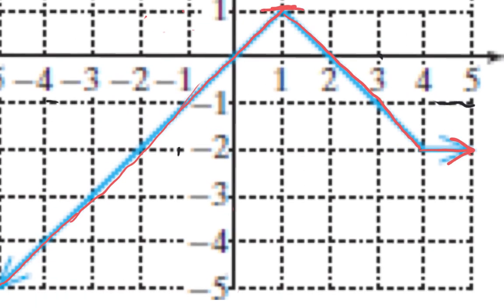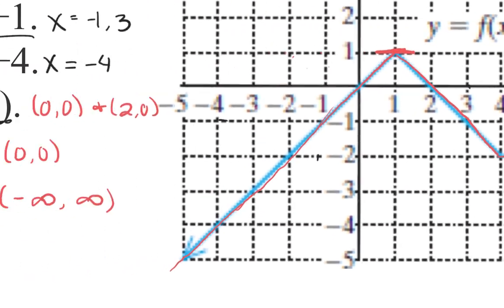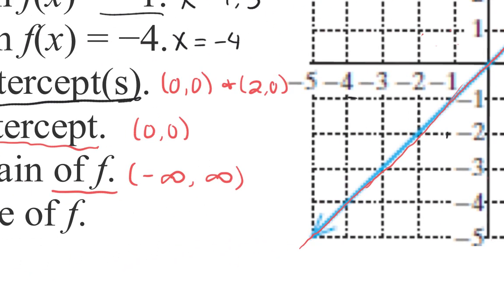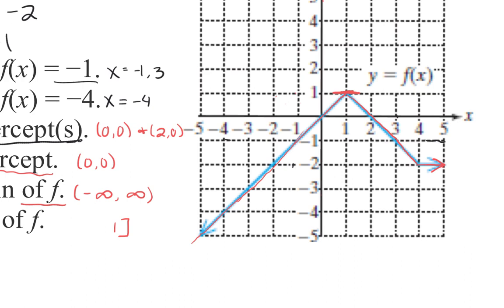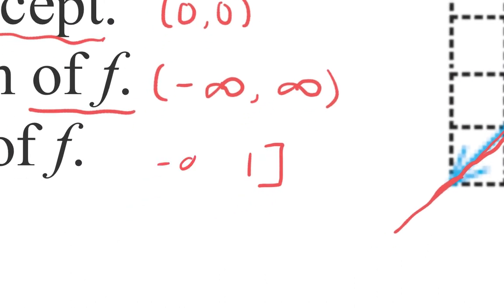So here, our maximum is going to be at 1. If you look at our graph, there's not really any values that go above that. So our maximum on our range is just going to be 1. And then again, looking at our graph, here we're coming up from negative infinity. So that is what our range is going to be.